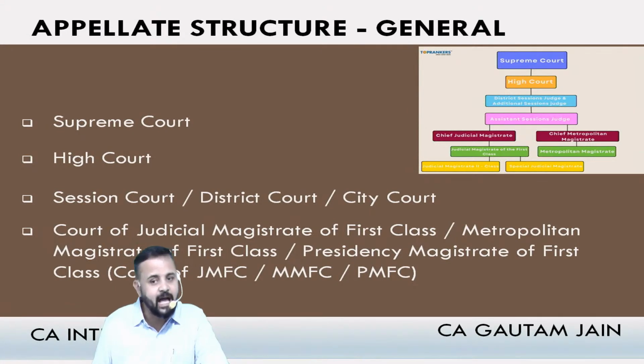This is the general appellate structure, right? Under company law, NCLT, NCLAT, and Supreme Court. This is the general one. Are we going to use this? No, sir, but rarely we may come across. That's where we have covered these levels. We have not covered every level, I've told you.